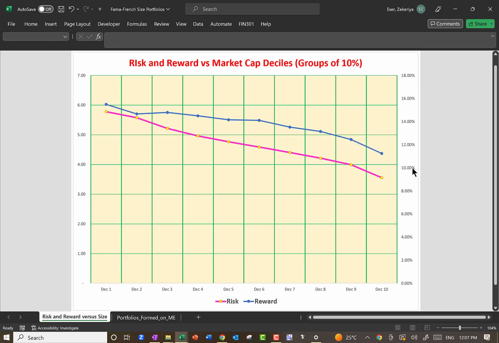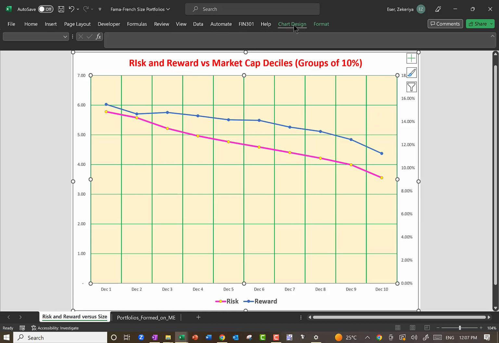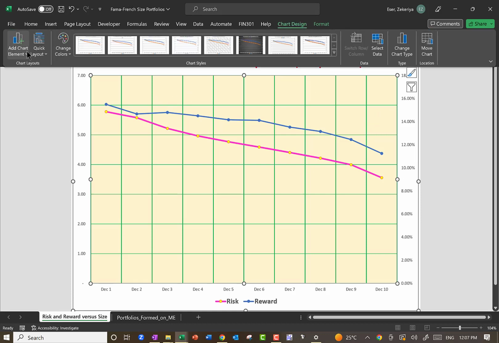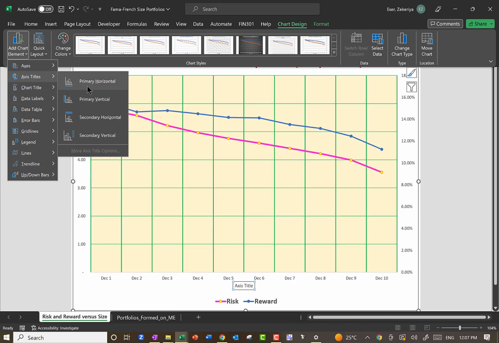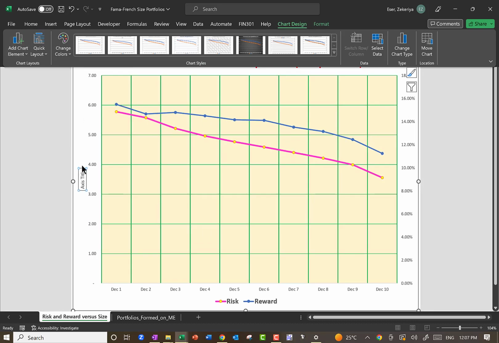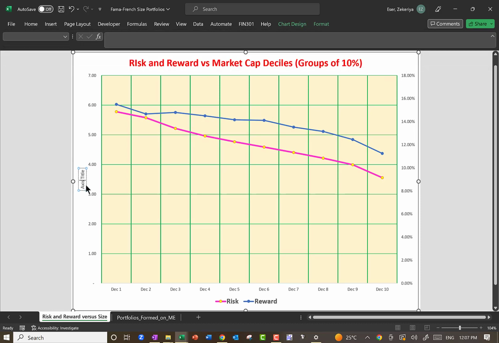And if it's not necessarily obvious which one is risk versus reward, you can add chart element, axis titles, primary vertical. I'm going to call this risk.